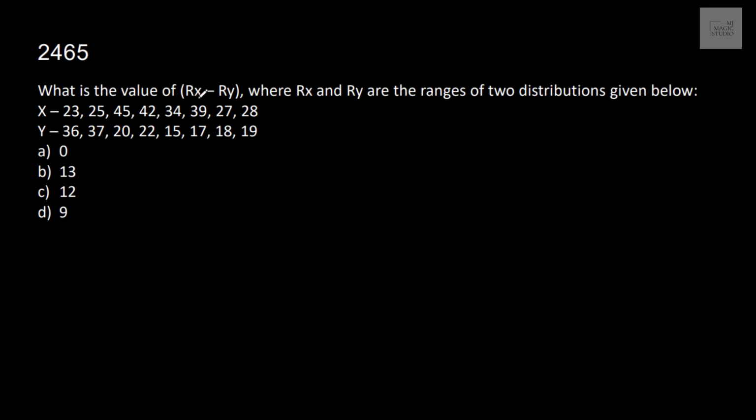What is the value of Rx minus Ry, where Rx and Ry are the ranges of the two distributions given below? Range of the distribution means highest value minus lowest value. So in distribution X, the highest value is 45 and the lowest is 23.